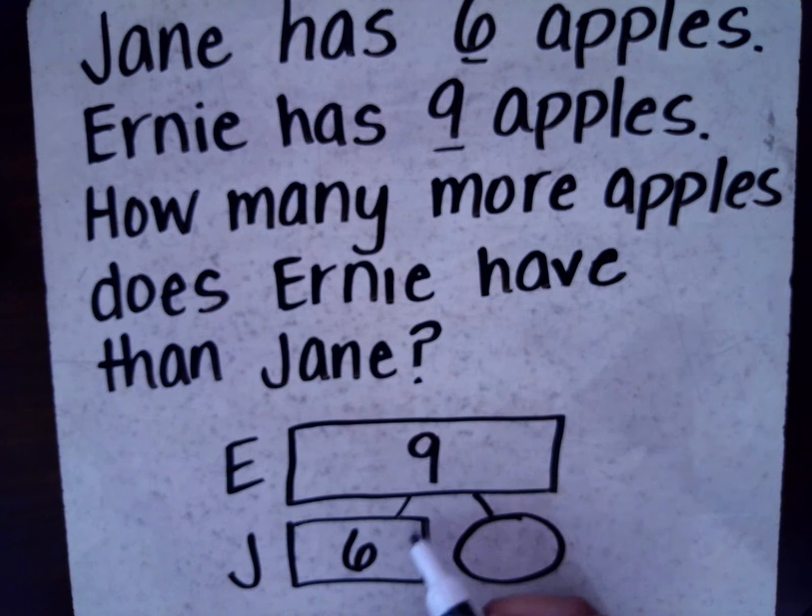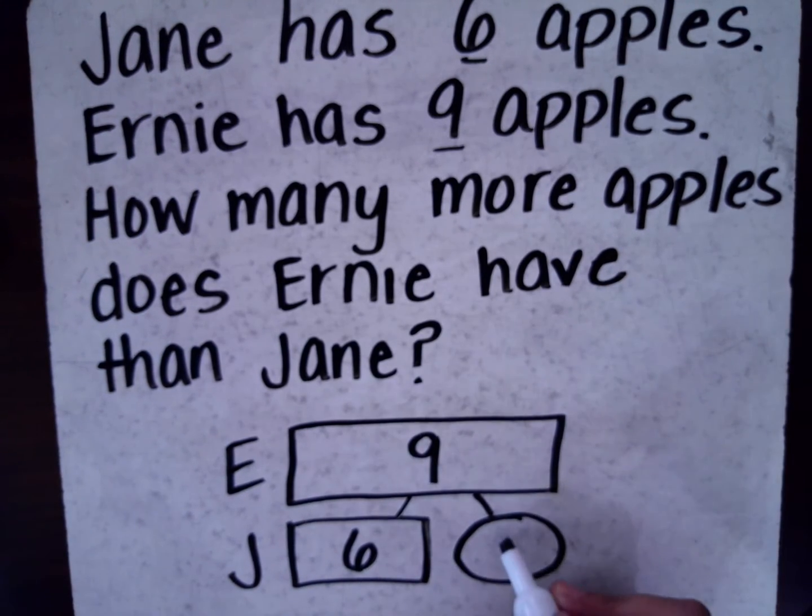So whatever number they actually have of the thing that we're talking about, so right now it's apples, goes in the box for that person. Now the oval is the change. So the more, the fewer, whatever our numbers are changing by, that is what goes in the oval. Well, we don't know how many more Ernie has. That is what we are trying to figure out. So we're going to put our question mark right here.